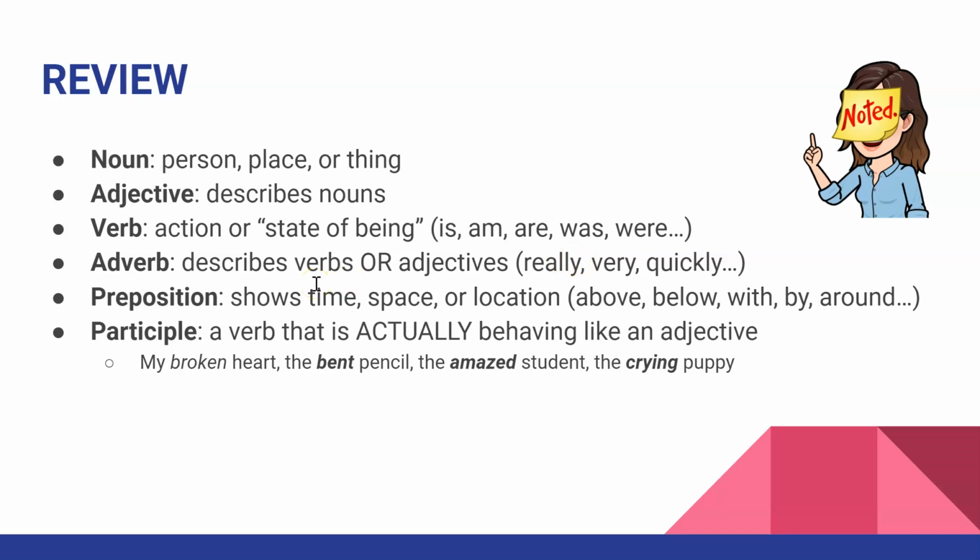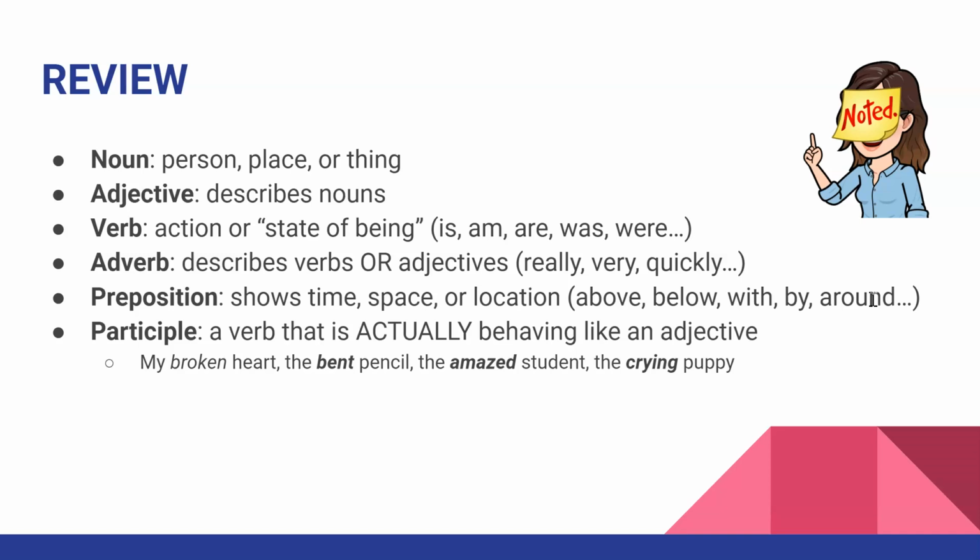Prepositions are what I call location words, but they're time, space, or location. Some people remember it as anything you can do to a box. So above the box, below the box, with the box, by the box, around the box, etc. There's a really long list of prepositions, so that's a tough one to memorize. Just really think about location.